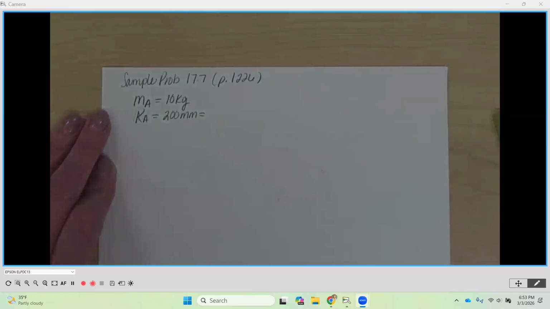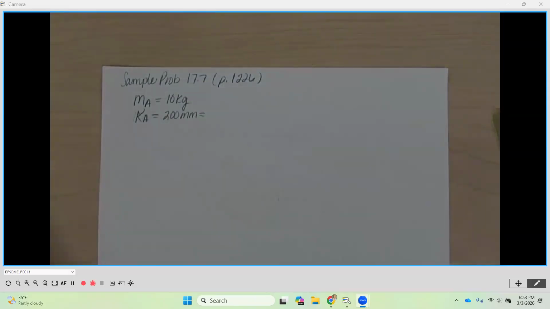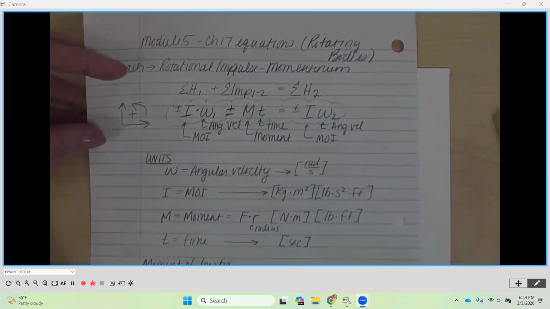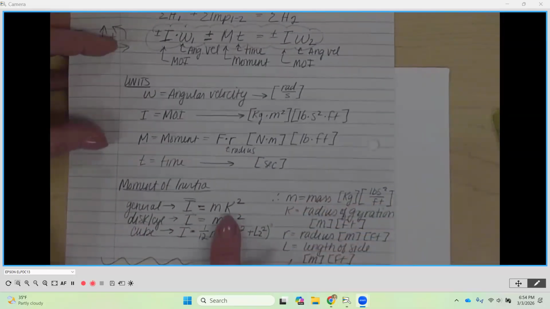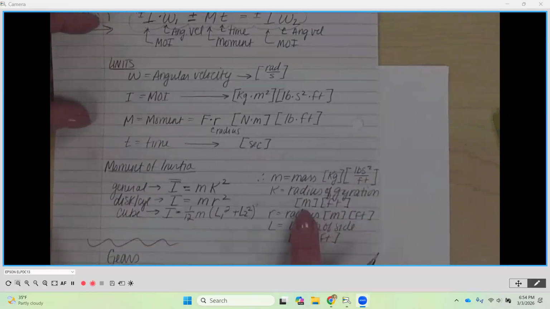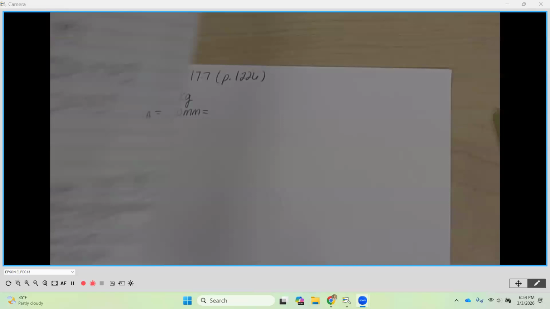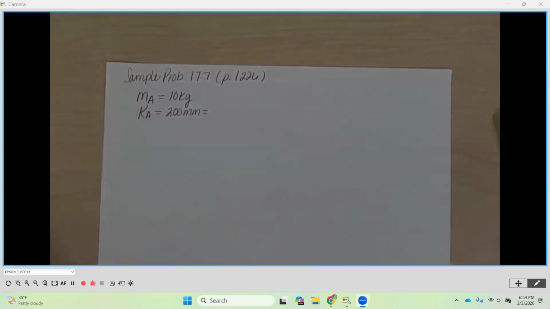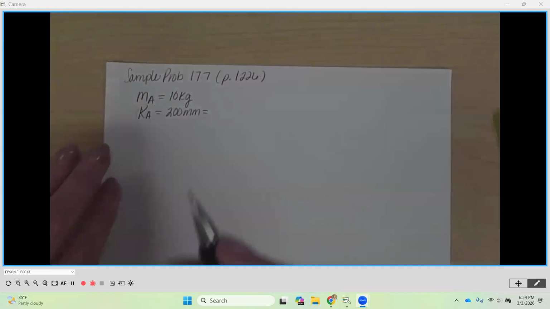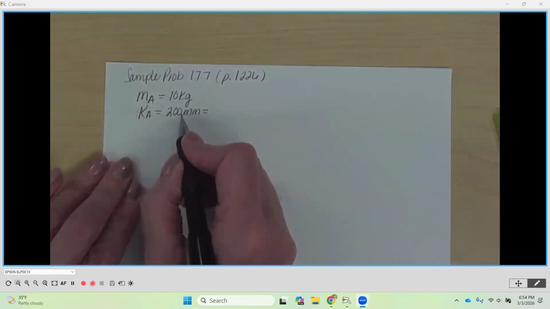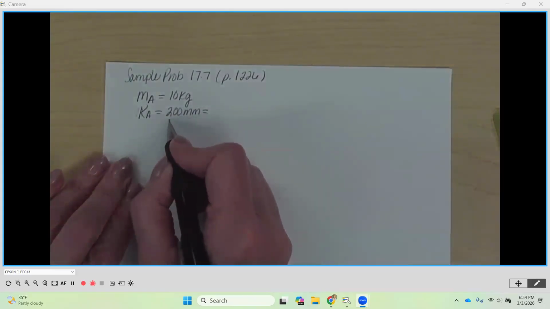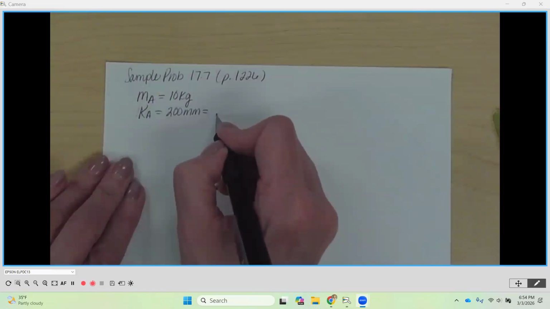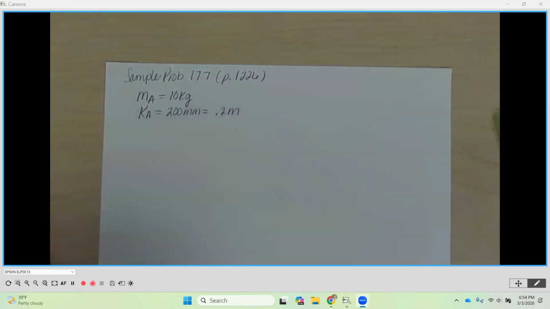On that equation sheet that we just generated, if we look down here, our units for radius of gyration need to be in meters and feet. So since we're in those metric units, we're going to be in meters. Now, you don't have to do a full-blown conversion here. We know that we can move our decimal place 1, 2, 3 places to the left. So it's going to be 0.2 meters.